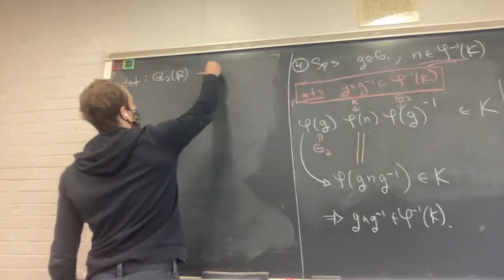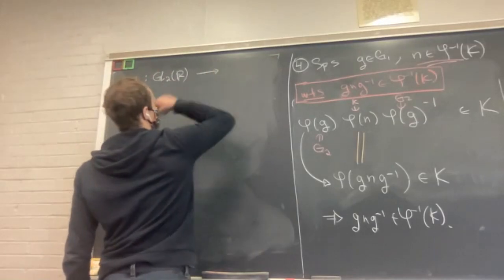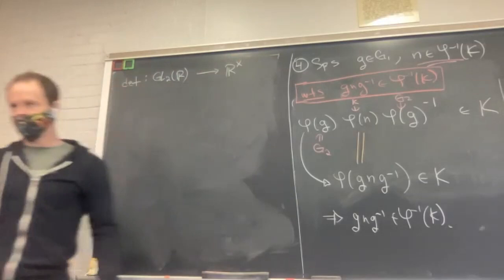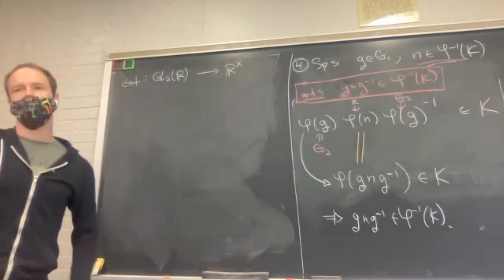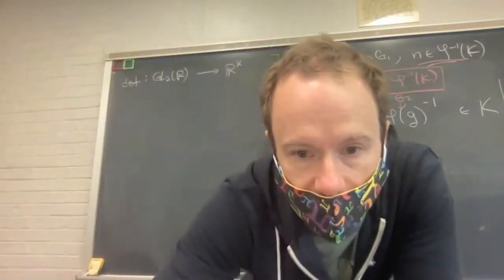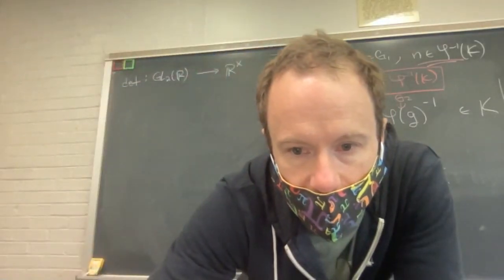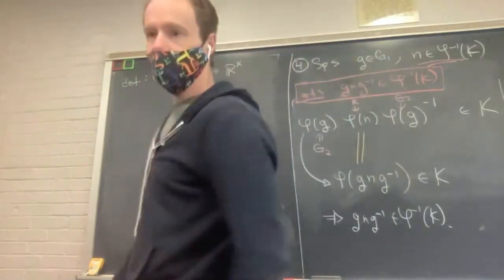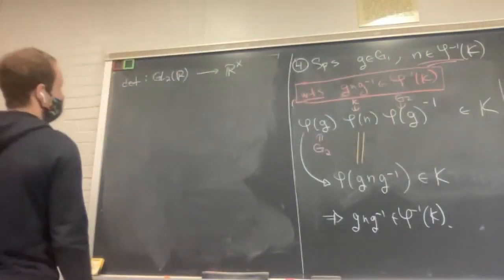So then this is going up to R times, that's the non-zero real numbers, where the operation is multiplication. We want to show that this is a homomorphism.